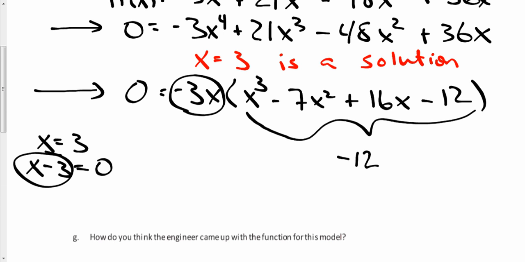Now, if it's a factor, what can I do with it? If 2 is a factor of 6, what can I do with 2? I can take 6 and divide it by 2 and get a whole number, right?